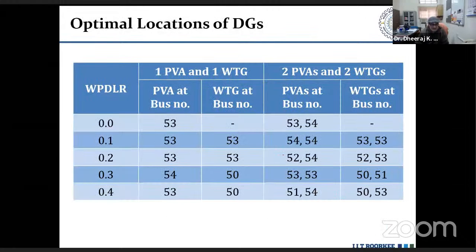So this is the optimal location when the wind power to load dispatch ratio is 0. It means there should not be any power injection from wind turbines, so in that case, no wind turbines are connected in the system.